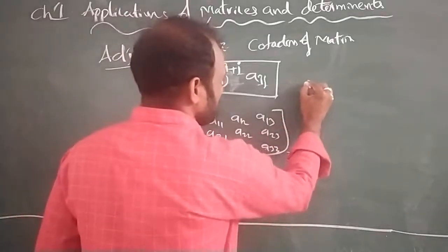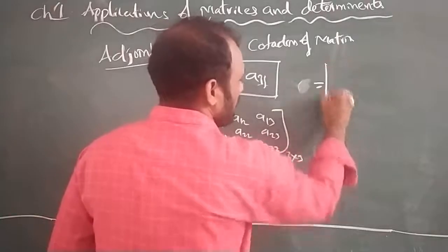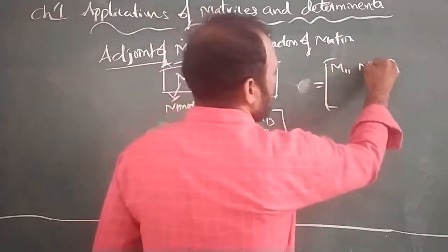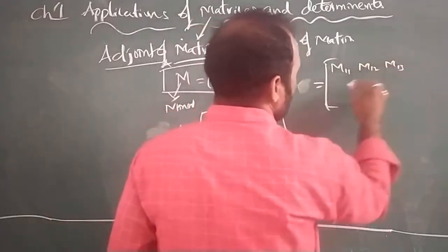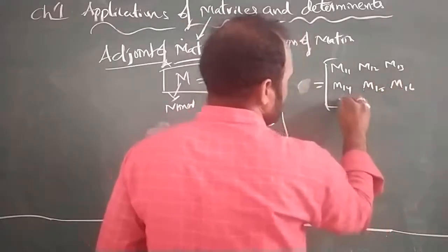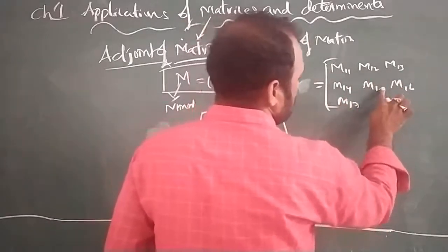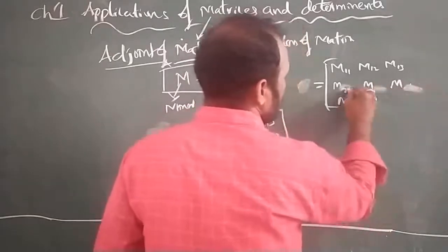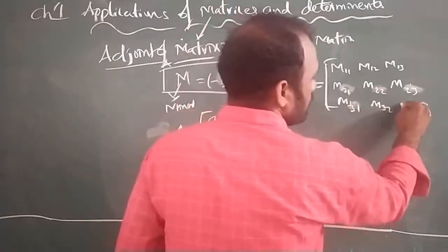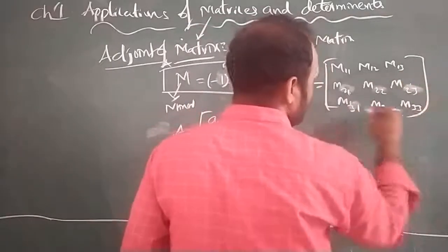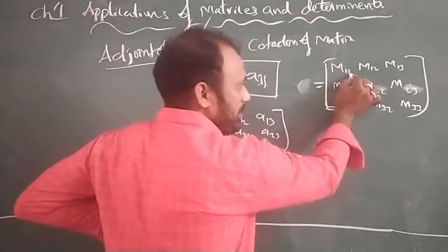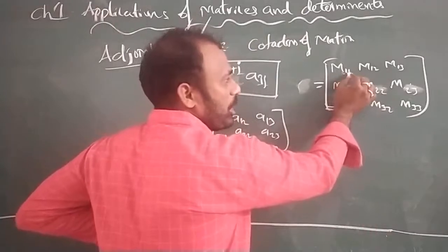Let me write here the minor matrix: M11, M12, M13, M21, M22, M23, M31, M32, M33. After writing the minor elements, if the sum of the row and column numbers is even, it will be plus.